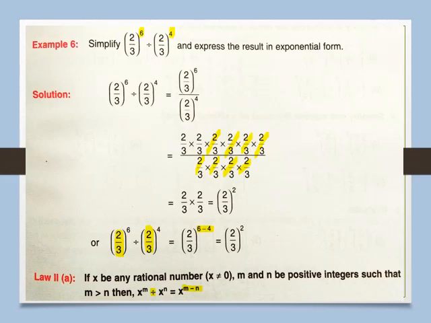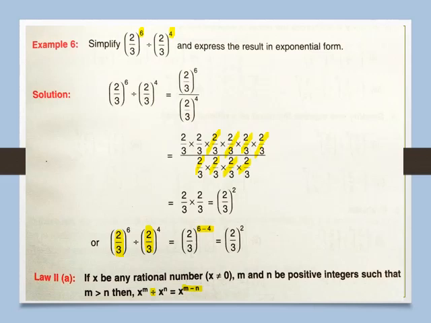Then what is left? Only 2 by 3 into 2 by 3 is left, that is 2 upon 3 whole square. But if you want to solve this directly, you only have to take the subtraction of powers. That gives you 2 upon 3 raised to the power 2. Why here? Because here the bases again are the same.